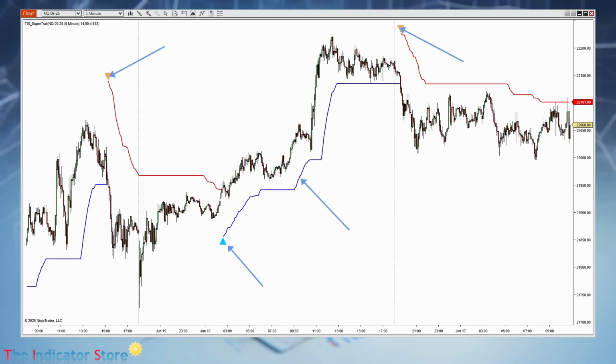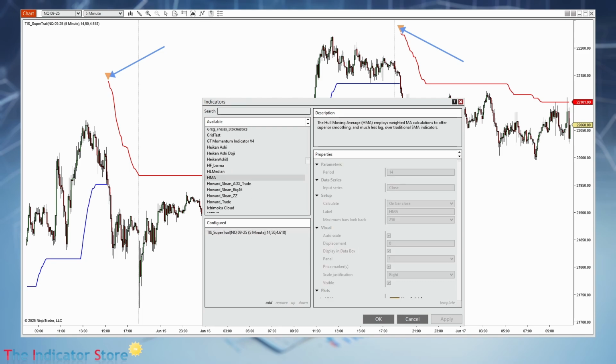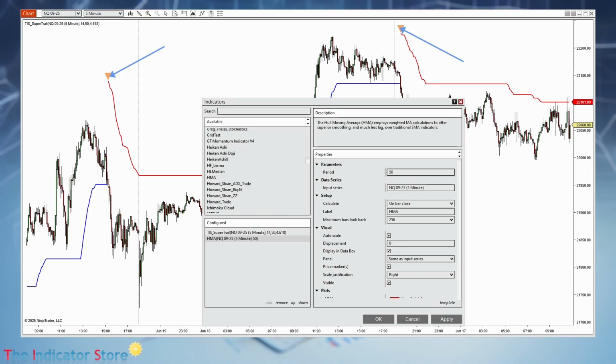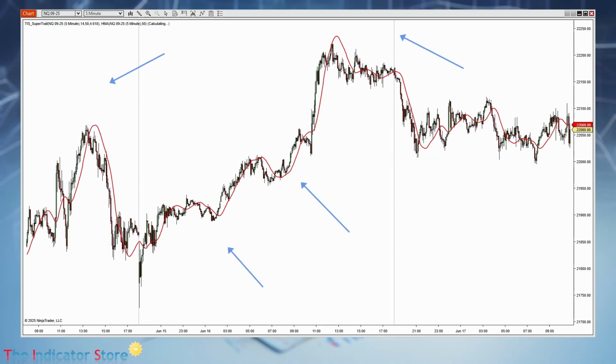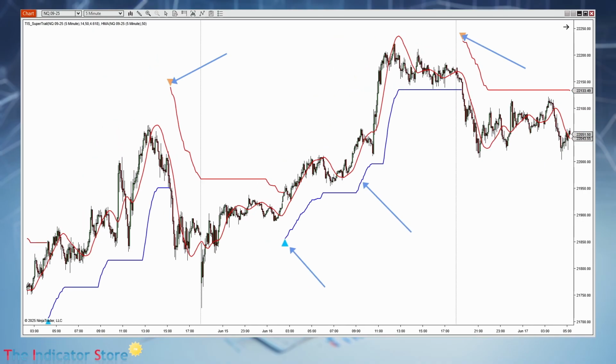Now the HMA, let's draw an HMA. The HMA is one of the fastest and smoothest moving averages. So this is why I selected this line. And now we can see that when the HMA goes down, then the trend line is also going down, but never going up again.